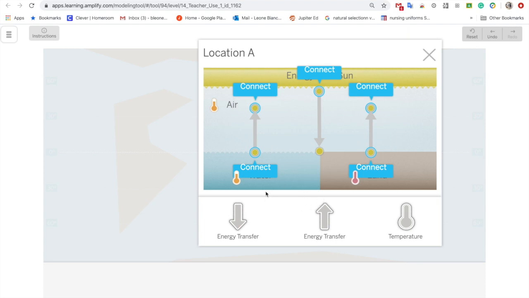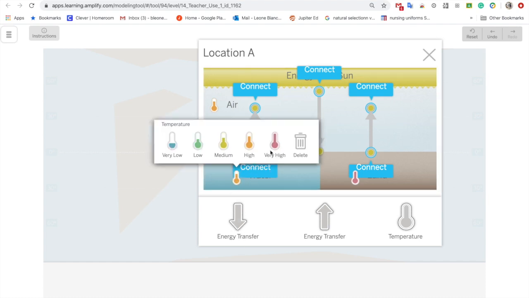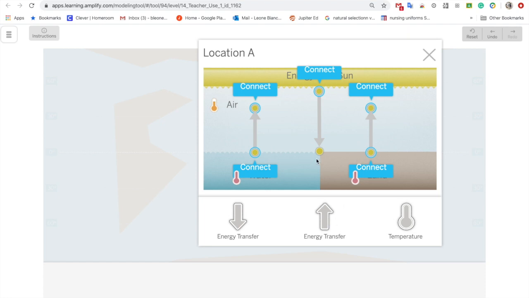So I connected this, you can make this one red or orange, but essentially what we should get is that it comes down from the sun, it heats this up, and the rest of the air temperature is transferred back up.